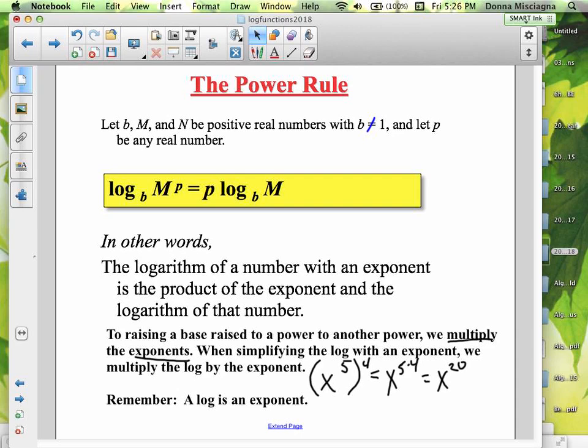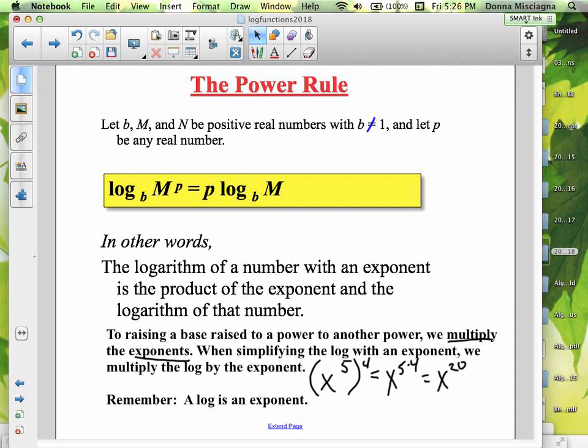Well, a log is just an exponent, and that exponent's just an exponent. So we can just simplify that by making it a product. So the log of a number with an exponent is the product of the exponent and the logarithm of that number. When we raise a base raised to a power to another power, we just multiply the exponents.